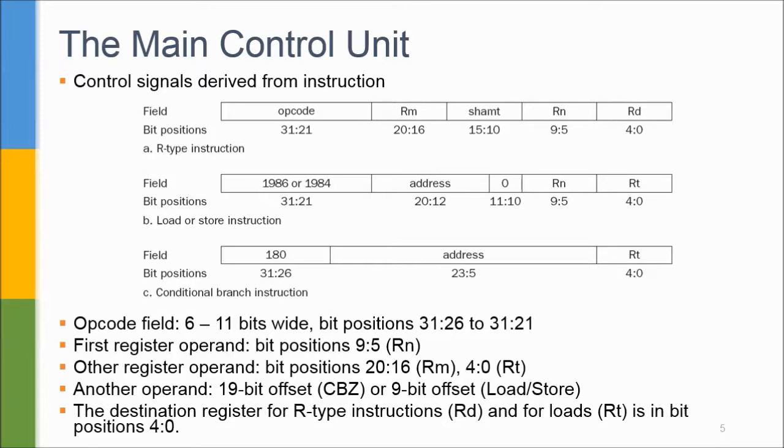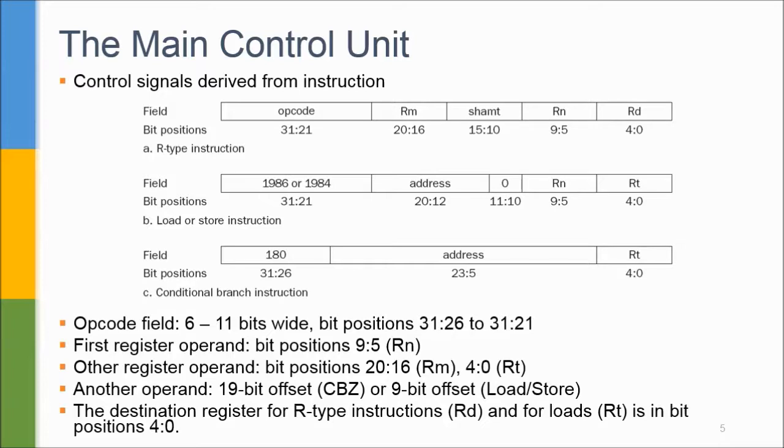Fields Rn and Rm are sources and Rd is the destination. The ALU function is in the opcode field and is decoded by the ALU control design from the previous lecture. The R-type instructions that we implement are add, sub, and, or.